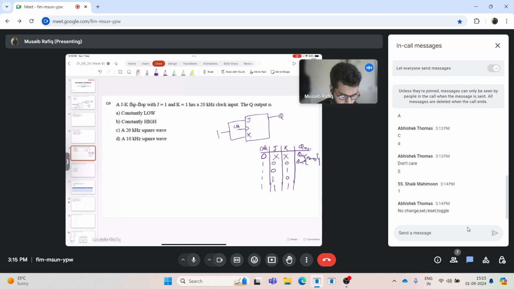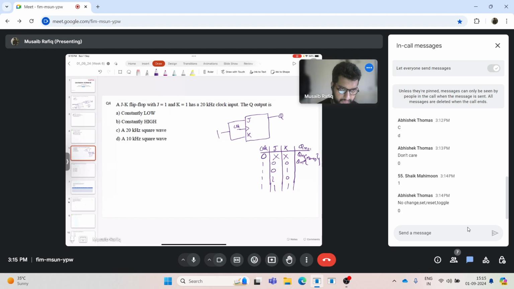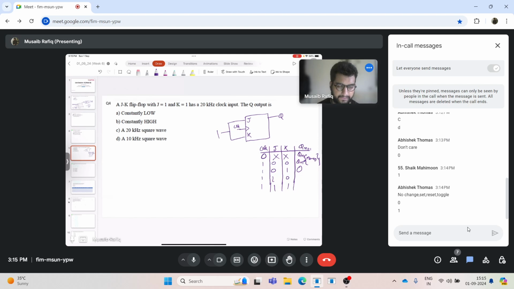Now for J equal to 0 and K equal to 1, it will be, right? Thank you. And for J equal to 1 and K equal to 0, thank you very much.